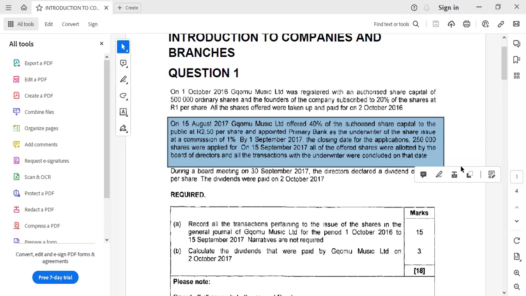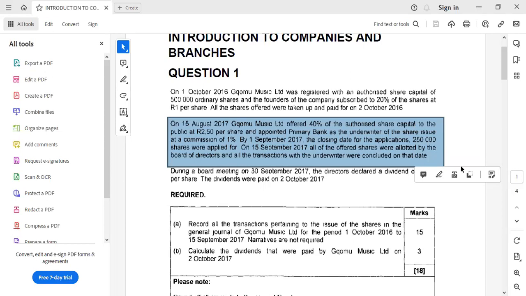Honestly, if you hear that Eugenius Limited is selling shares, you might not be willing to just buy the shares. But if you hear that Absa is selling shares for Eugenius Limited, you might be more willing because you know that Absa cannot be associated with shady people or shady companies. So that's why they use an underwriter. And an underwriter sometimes guarantees that any shares that are not bought, they will buy them.